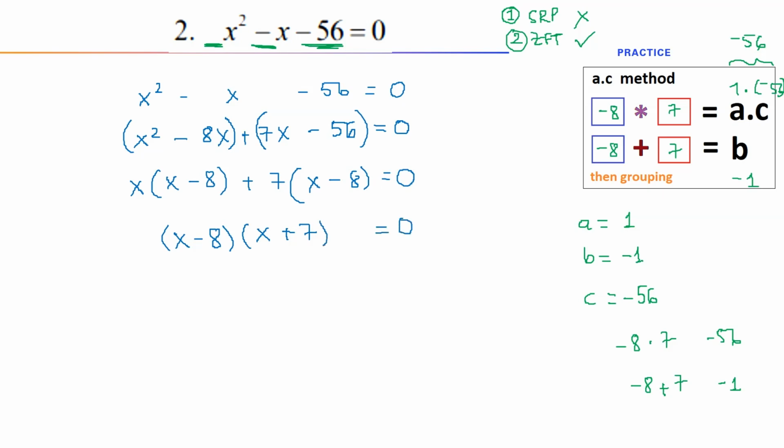That equals 0. Now apply the zero factor theorem: A times B equals 0, so A equals 0 or B equals 0. So x minus 8 equals 0 or x plus 7 equals 0.